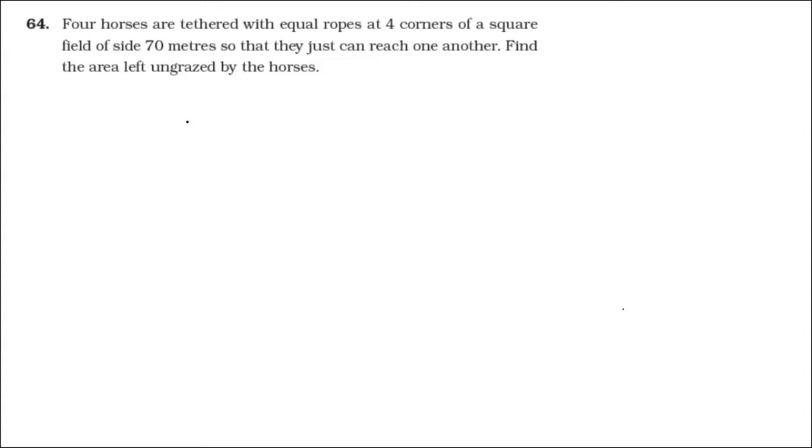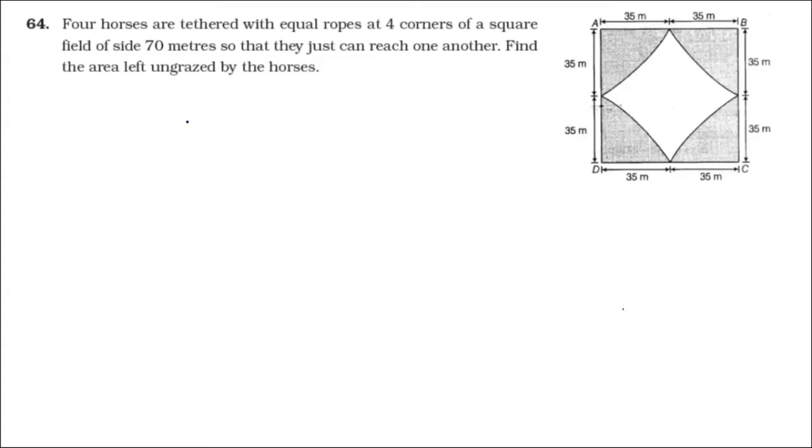To make it a simple one, let's take this figure A, B, C, D representing the square field. These corners A, B, C and D are the places where the horses are tied so that they graze this particular area.